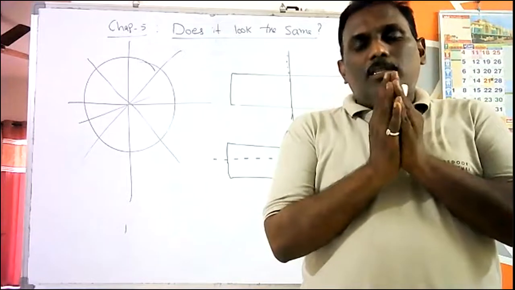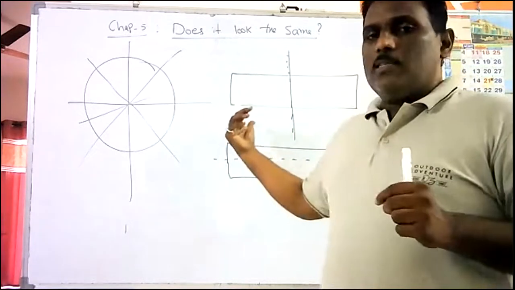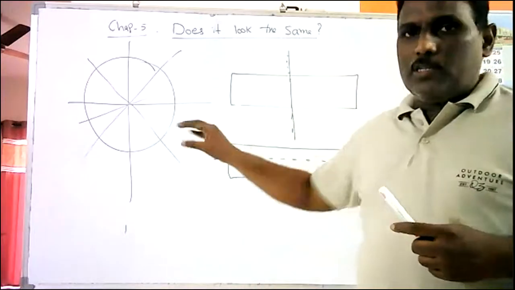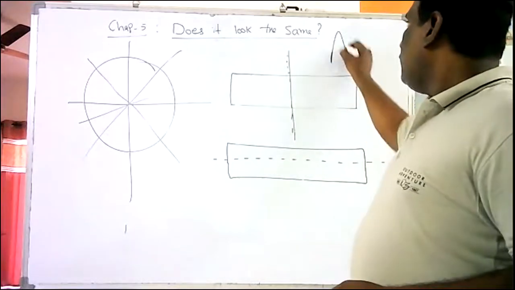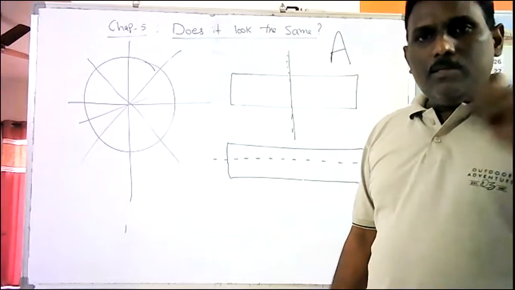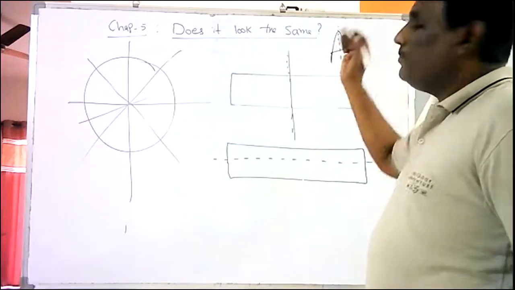This symmetry we discussed in 4th class in detail. Keeping in view the 5th class syllabus, I have given the detailed information. Not only pictures, alphabets also. If you remember, A is a letter. Is it symmetric? Yes, there is vertical symmetry.